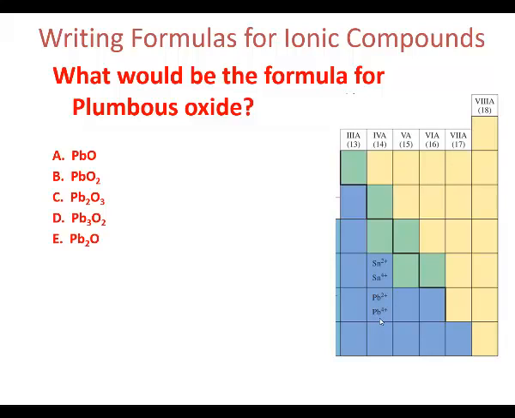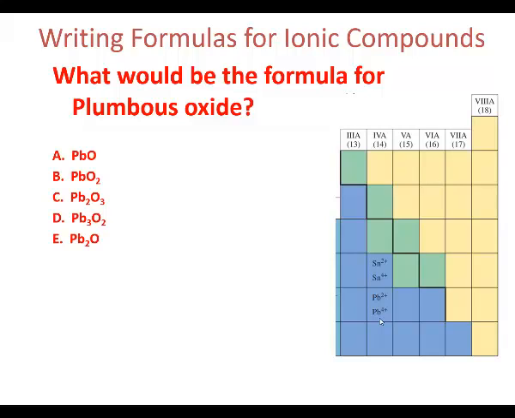So I need to ask myself, when do I use an -ous ending with the older naming system, and when do I use an -ic? So for the -ous, that would be the lower of the common charge states, whereas -ic would be the higher of the common charge states. So plumbous oxide must have lead(II) as part of the formula.